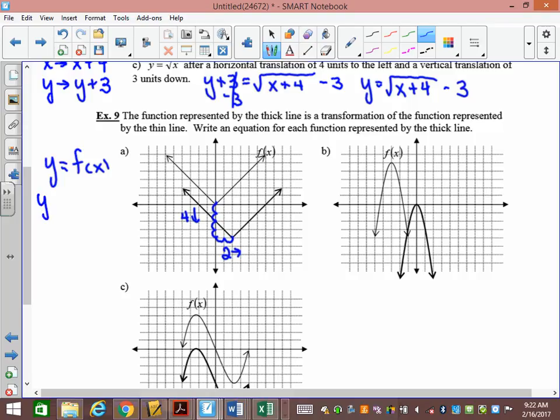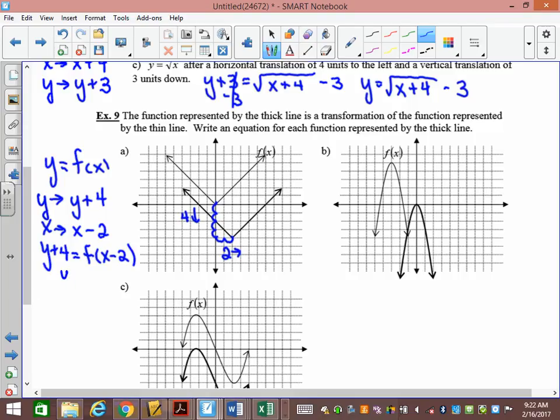So in our replacement notation, y is going to become y plus 4 because it's 4 down, and x is going to become x minus 2 because it's 2 right. When we do replacement, we always do the opposite. So we're going to get y plus 4 equals f of x minus 2.